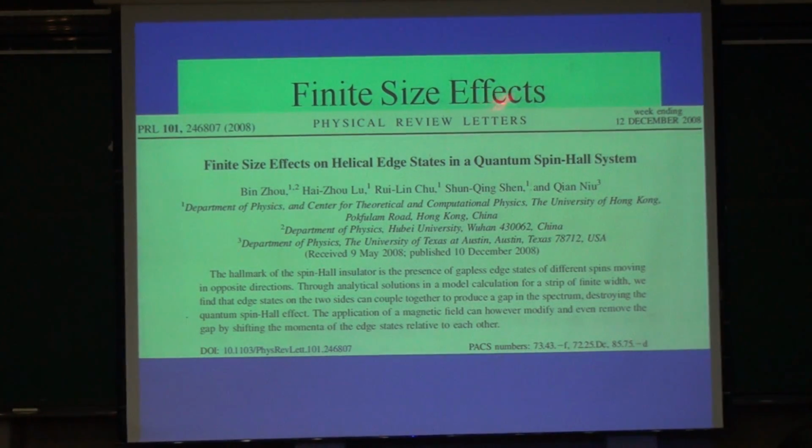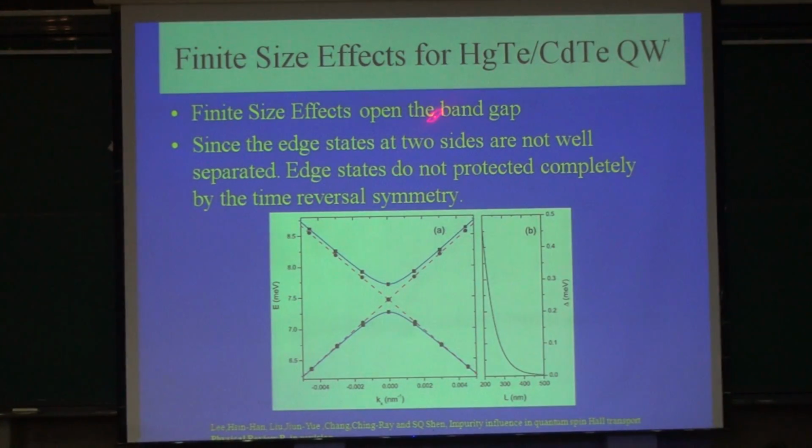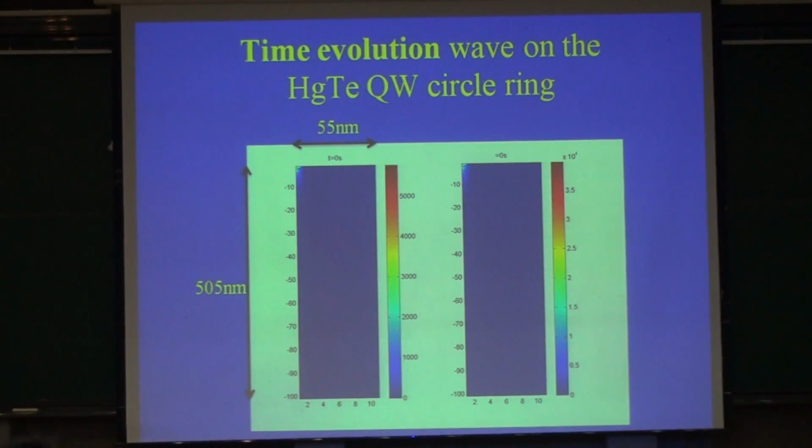People have studied the finite size effect, which means if your two edge states are too close, they will have crosstalk and open a gap here. If they are too close together, less than 200 nanometers, you probably still cannot observe the effects.